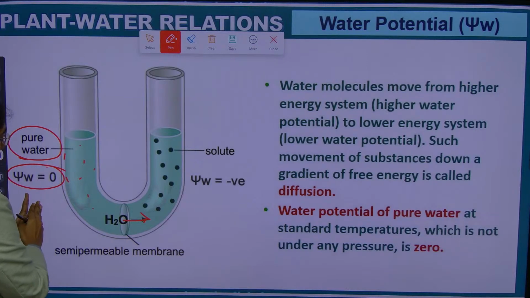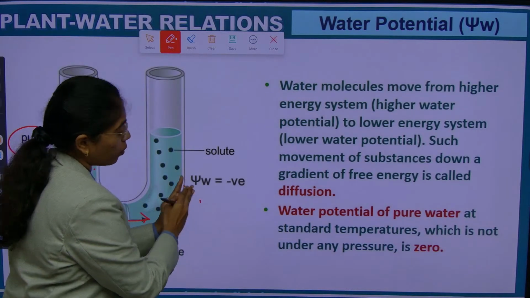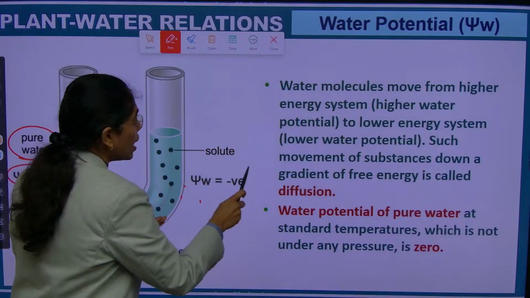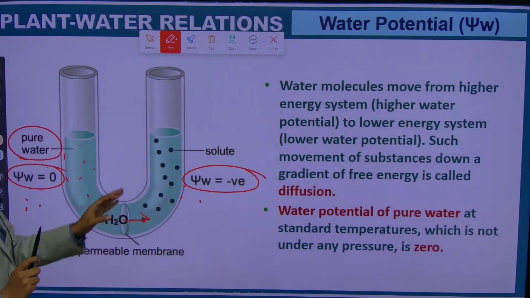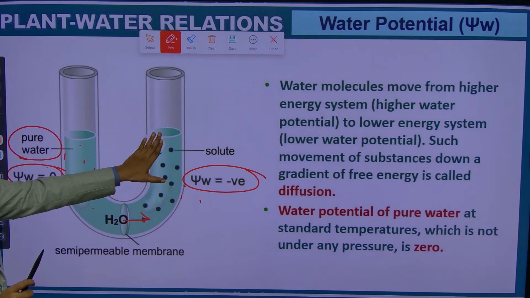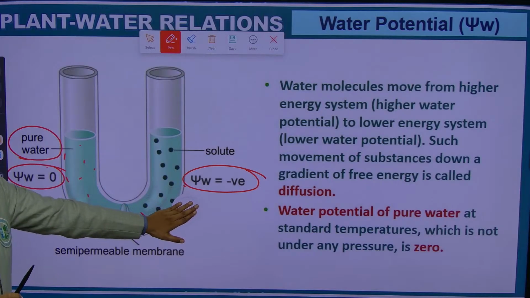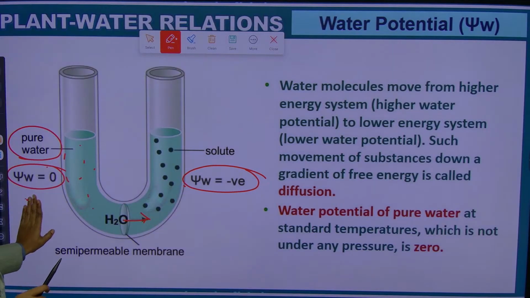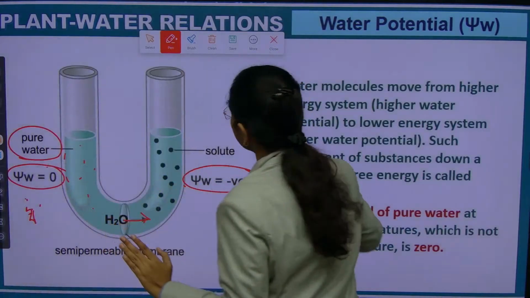Water potential from pure water to water potential in solute molecules will be negative. In the presence of solute, the water potential will be negative, and in pure water at standard temperatures, it will be 0. Clear? Next.